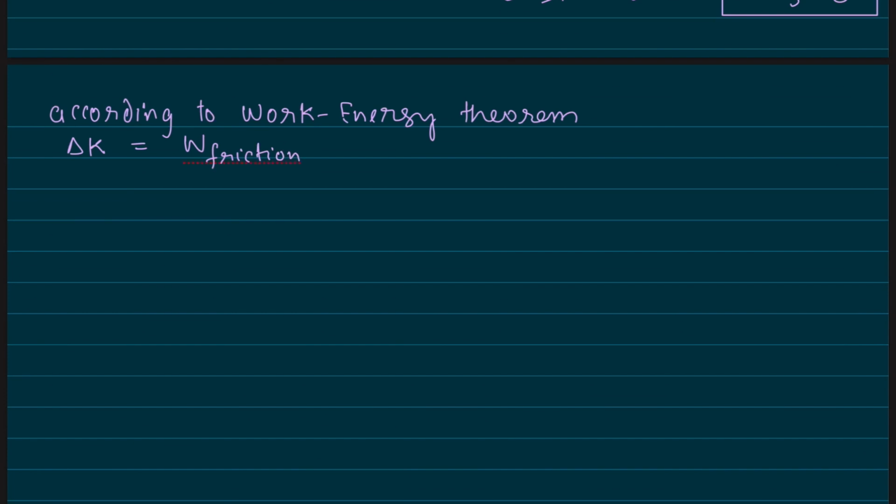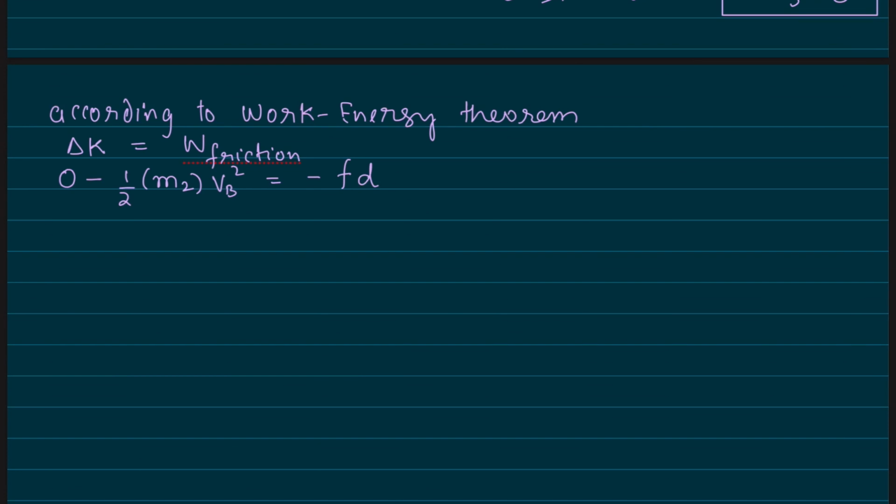So final kinetic energy is 0, but the initial kinetic energy is equal to 1 by 2 m2, that is mass of block B, and speed of block B squared, is equal to the work done by friction, which is negative frictional force times the distance.